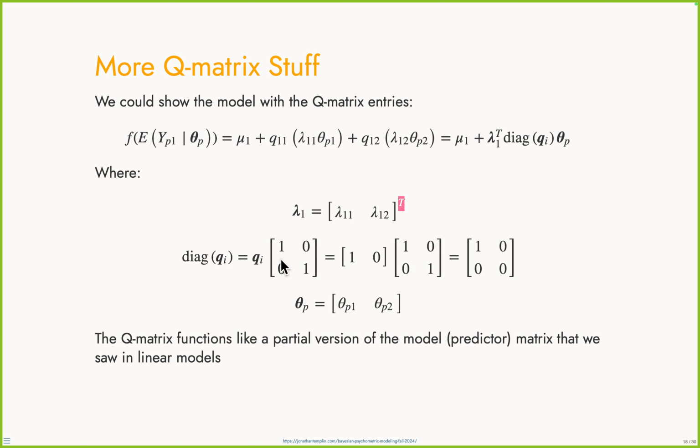The diag here of the Q matrix is a diagonal matrix that we multiply by our Q vector, looking here. So the diagonal represents our Q vector along here. And then our theta vector here is 1, 2. Actually, I have the dimensions of this off.